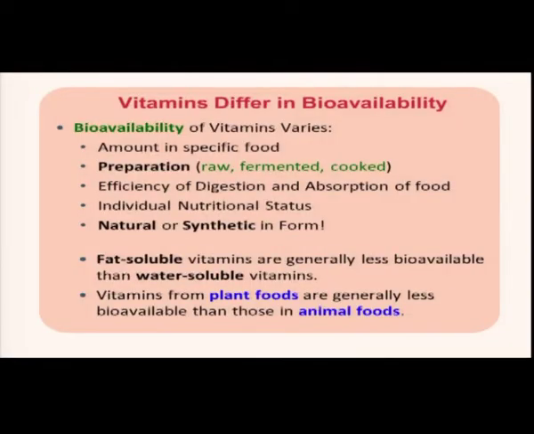Say for example, most of these substances are prepared in a raw form, or in a fermented form, or in a cooked form. So you could ask which form would really be made available for bioavailability related properties?